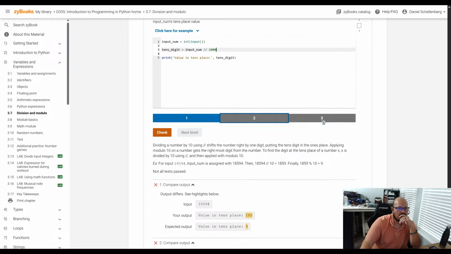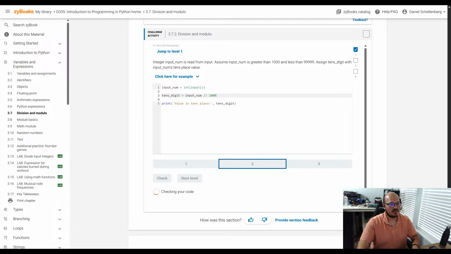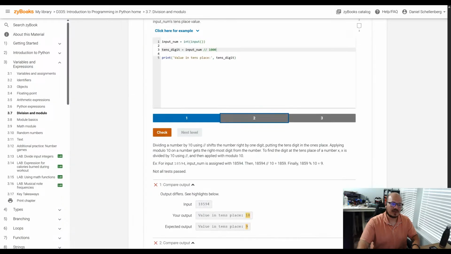So is it saying that it wants me to take the input and then... I mean, technically I think I could do it like that and it'll still move the decimal over if it's moving it to the right, but I don't think it is. Because that input put the 8 here, right?